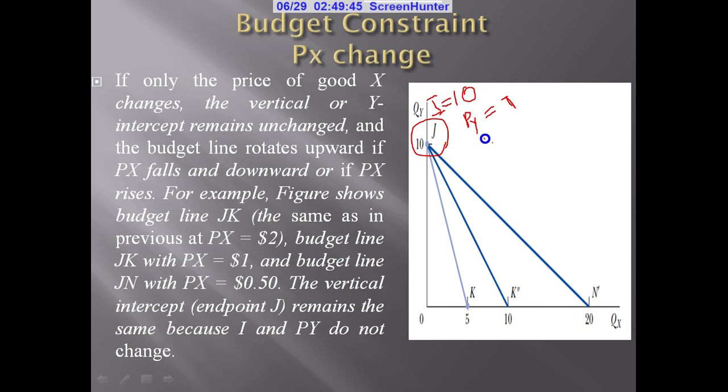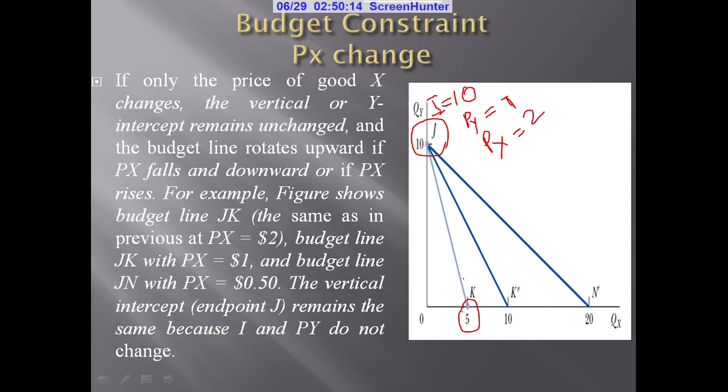This is the initial budget line, with the initial price when the price of X was $2. When the price of X was $2, the individual is only able to purchase or consume 5 units of commodity X, spending all of his income on the consumption of X and keeping budget expenditure on commodity Y at 0.